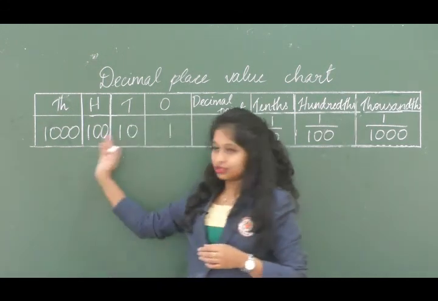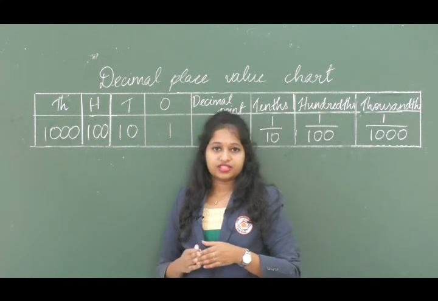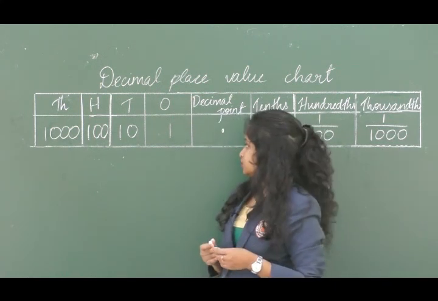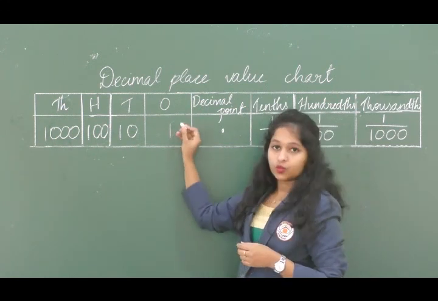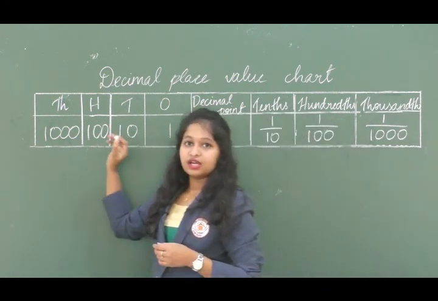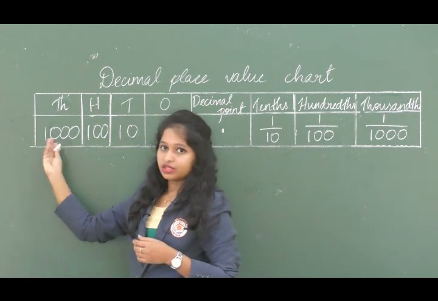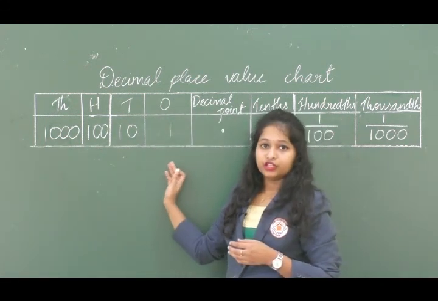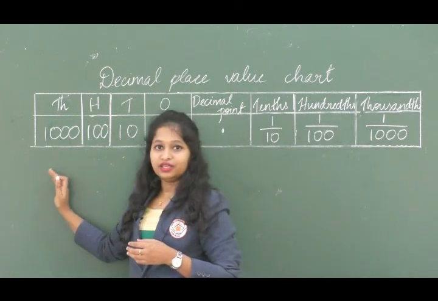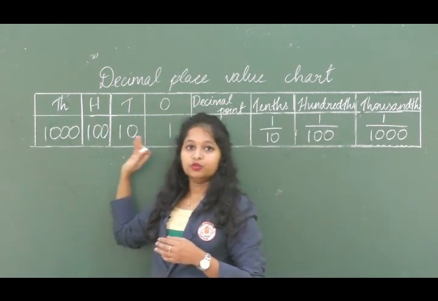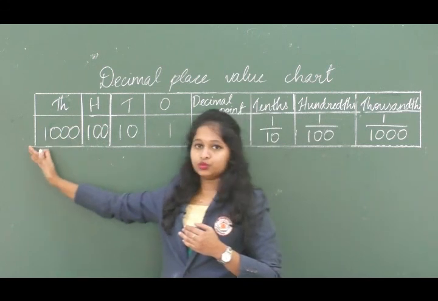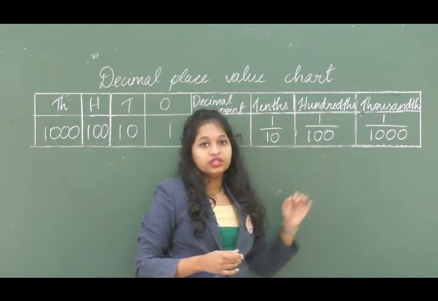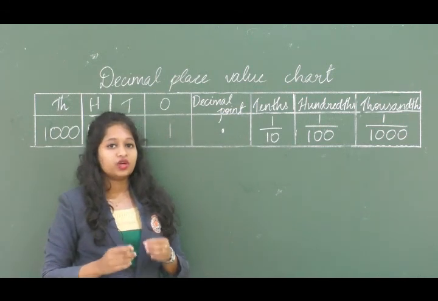And towards this side of the decimal point, that is the whole number part, we have ones, tens, hundreds, thousands and so on. So here the value increases by 10 times when we move from this side to this side, and here the value decreases by 1 by 10 times.